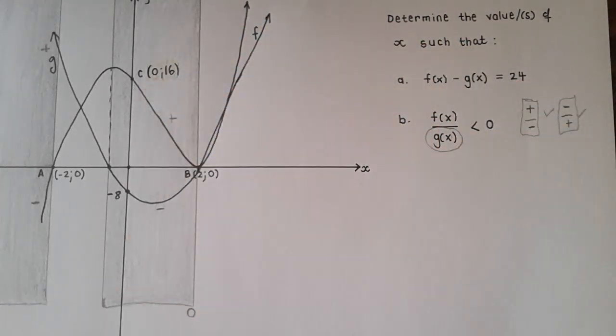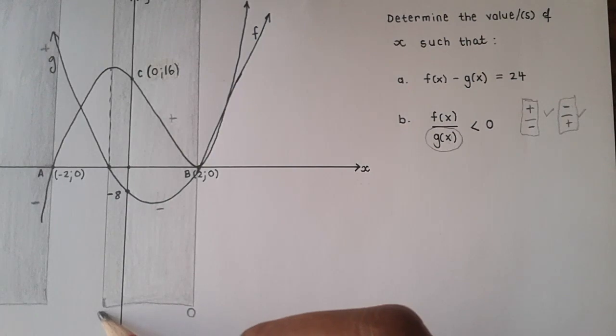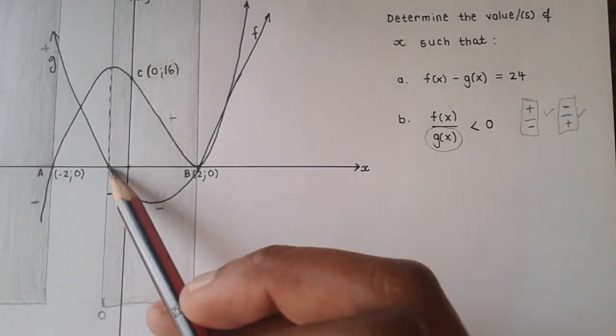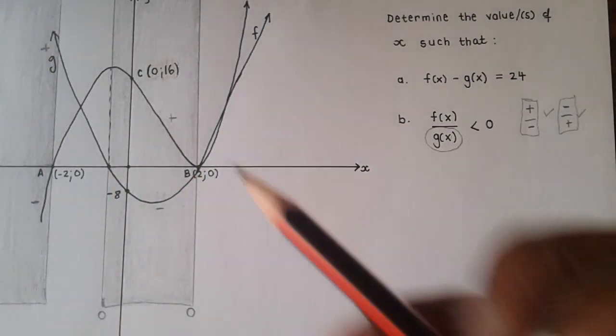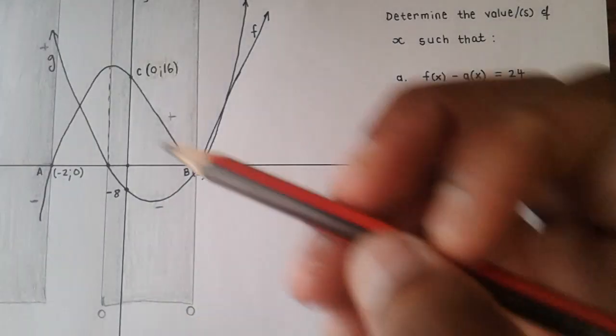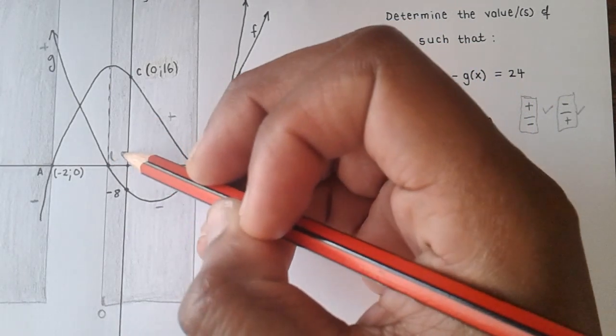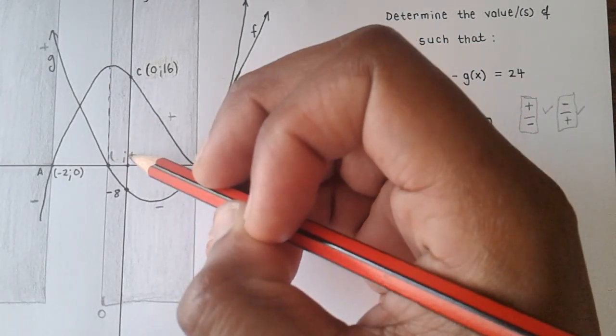Either way, we don't want that x value either, so we're going to exclude that one as well because it's a division by 0. I want to write down a skeleton coordinate. We just need the x value there, but we know that the y value there is 0.